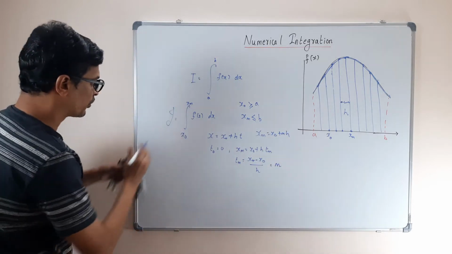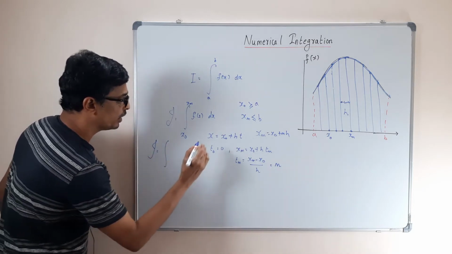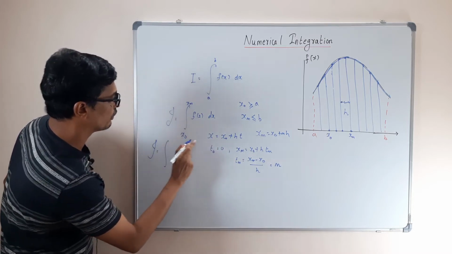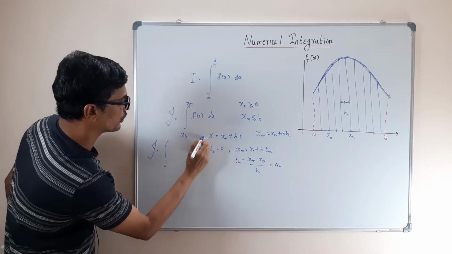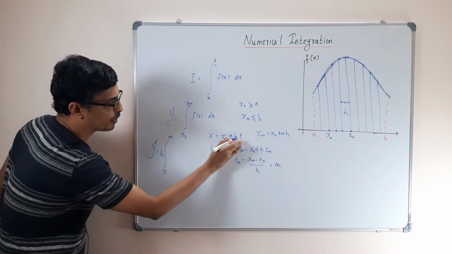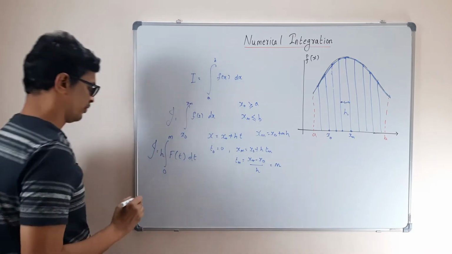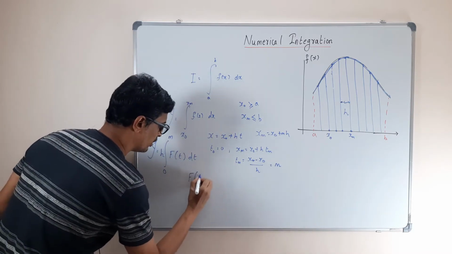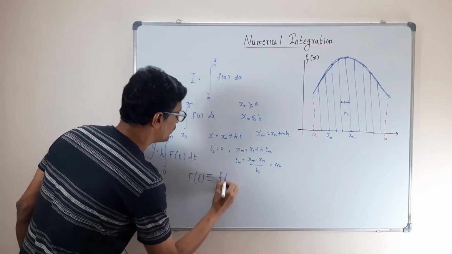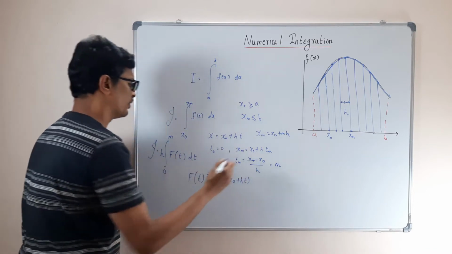So when I do the change of variable, this integration I is going to become, since dx is going to be h dt, h will come out, this will be 0 to m, and let me call this a function in t, f of t dt, where f of t is equivalent to f of x0 plus ht, that's f of x.